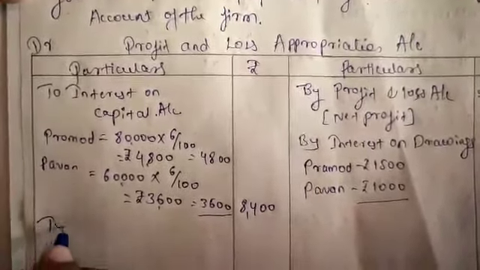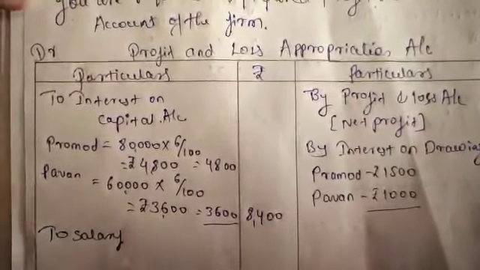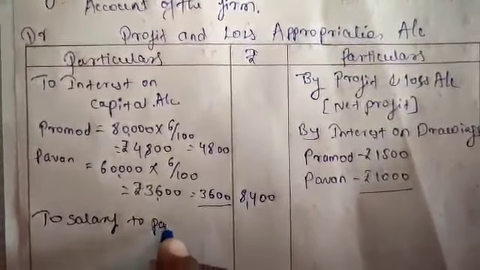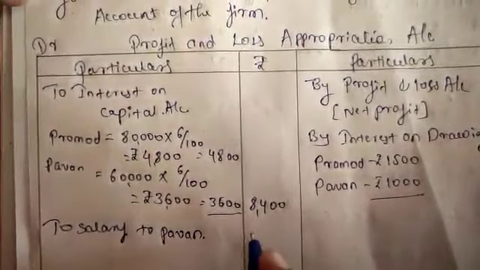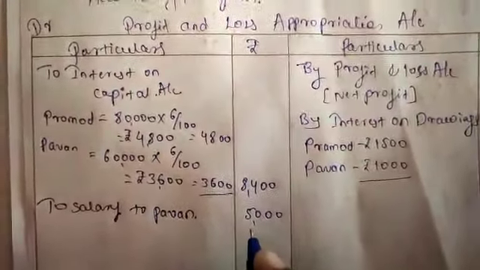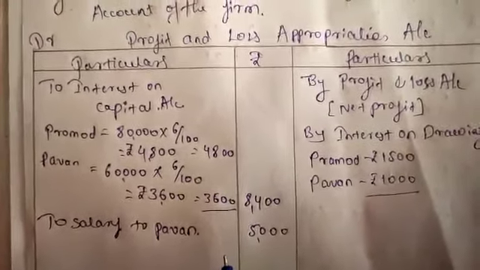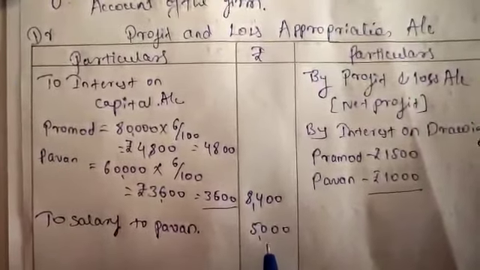The next expenditure is salary to Pawan. Only Pawan's salary is given here, that is annual salary rupees 5,000. When they mention per month, you take the 12 months multiplication by that salary. Here the annual salary is given, rupees 5,000.